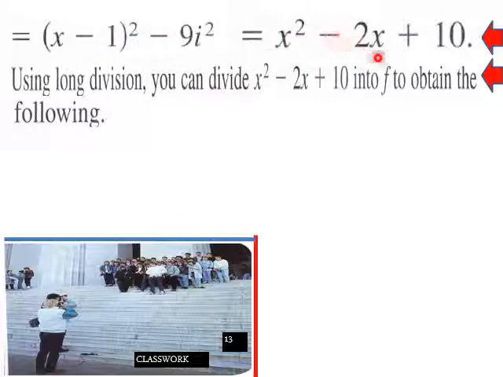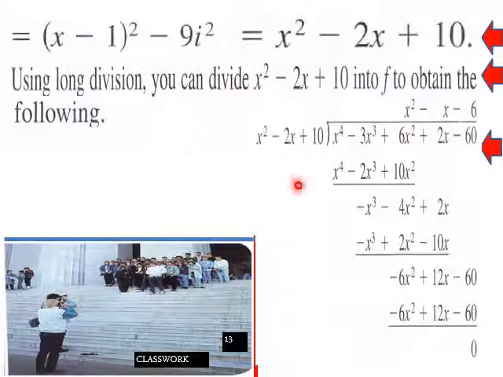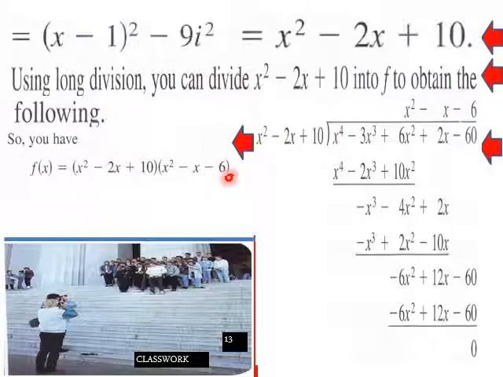So we have x squared minus 2x plus 10. Using long division, you can divide x squared minus 2x plus 10 into f to obtain the following. So when we long divide, we get this as our quotient up here with no remainder, so everything works fine with that as a quotient.